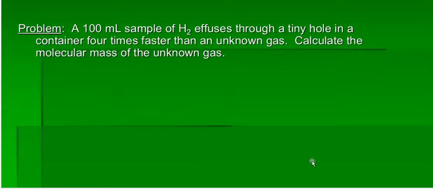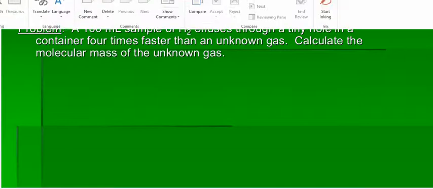I can get the molecular mass of an unknown also using Graham's law. Here's how we'd set that up. We want to know the molecular mass of the unknown gas, and we know that hydrogen effuses 4 times as quickly. So my setup would look like this.